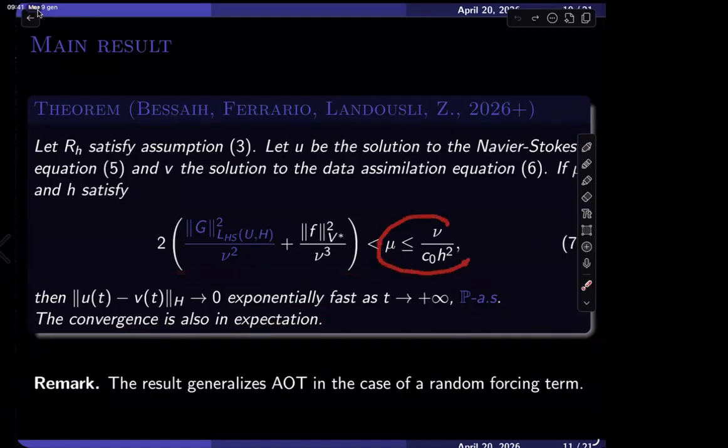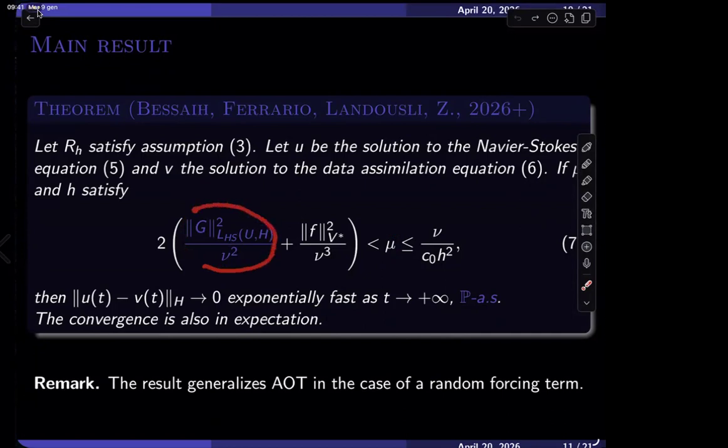So what are the conditions on the parameters in this case? We have exactly this condition here that also appears in the paper by Azouani, Olson and Titi. So also in our case, H has to be suitably small, so the spatial resolution has to be small, and mu has to be suitably large. The difference with Azouani, Olson and Titi is this term here.